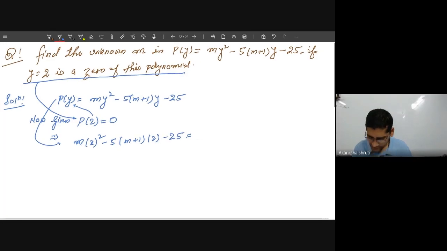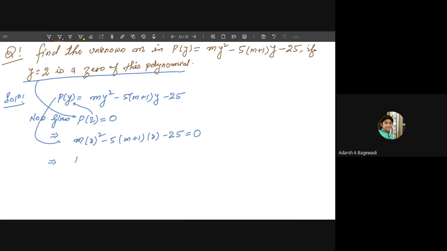These have to be equated to 0. This way of writing is very important, students. So what is given? 0 is given, so we have applied the condition of 0. This implies 4m.